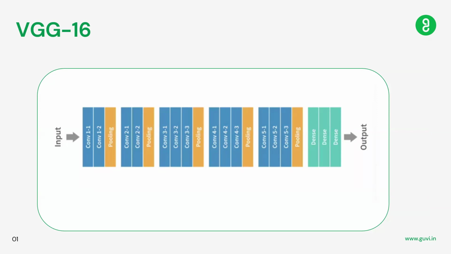After every two convolutional layers, the max pooling divides the feature maps into areas and preserves important features by keeping the highest activation value in each area. The fully connected layers, VGG has three of them, extract features and classify the image.